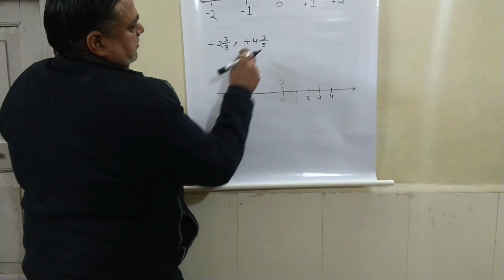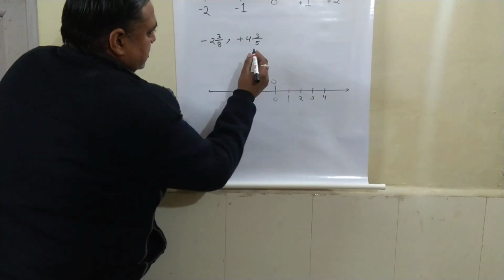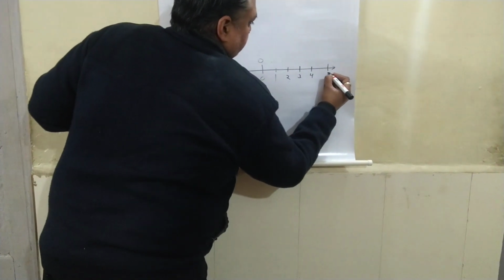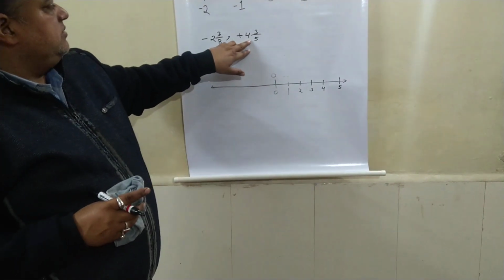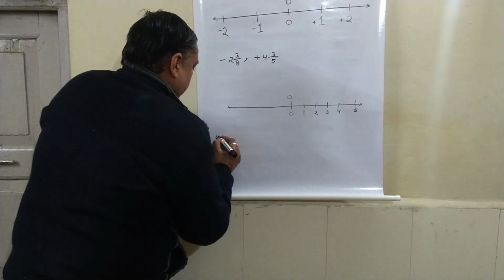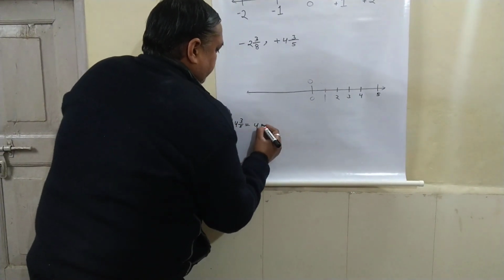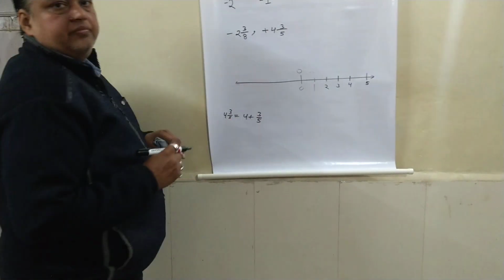This is 4 3/5. Now, this number can be represented. It is very clear that this number is between 4 and 5, because this is 4 and 3 upon 5 is equal to 4 plus 3 upon 5.